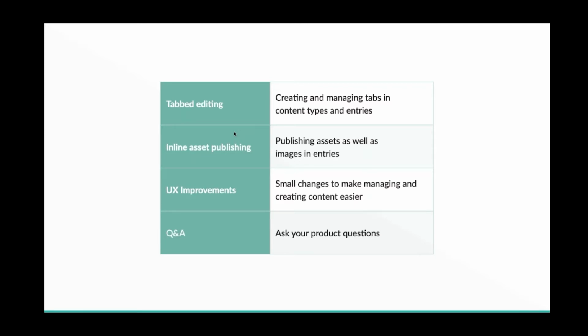This is the same as images are currently published inline, and a bunch of improvements that we've made around the content type builder and the entry editing experience as well. And then we'll wrap up the end of this update with a Q&A through your questions through the chat panel.